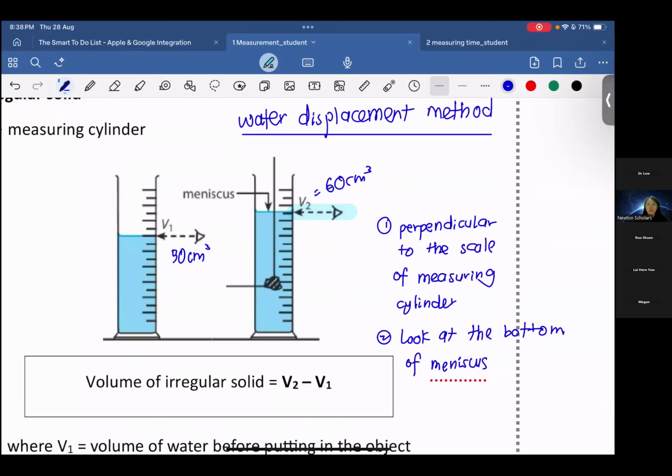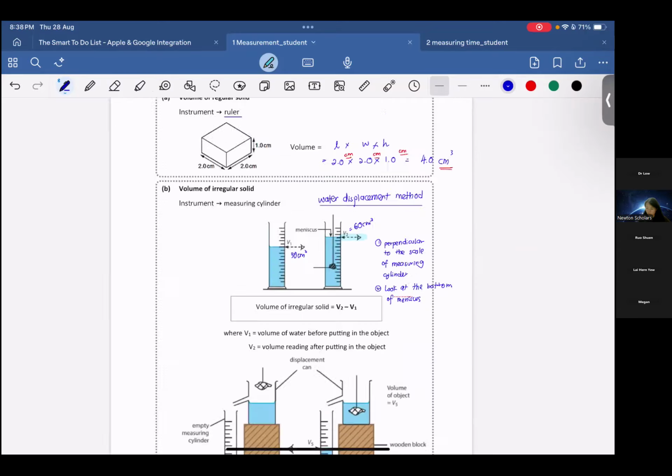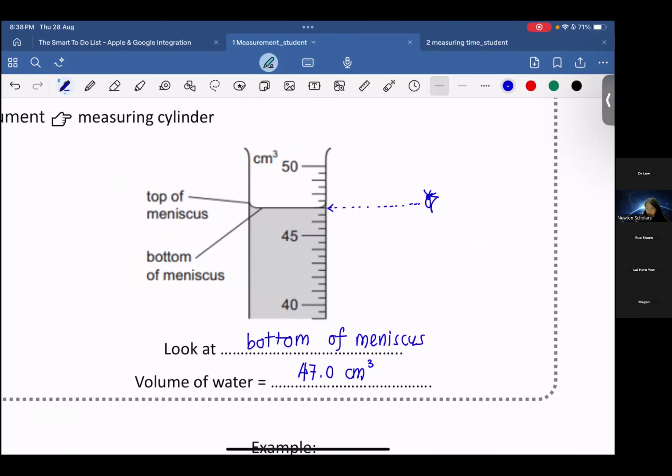They will ask you, can you describe the precaution step to make sure you get an accurate reading? They might ask you to draw a diagram to help you explain. So we will draw the position of your eyes, perpendicular. Of course the measuring cylinder we draw completely, a complete diagram, then your eye position is this.